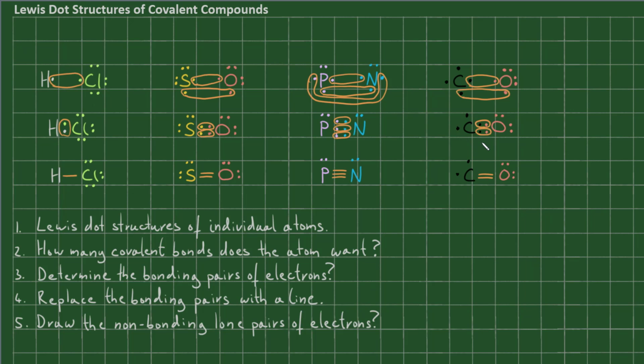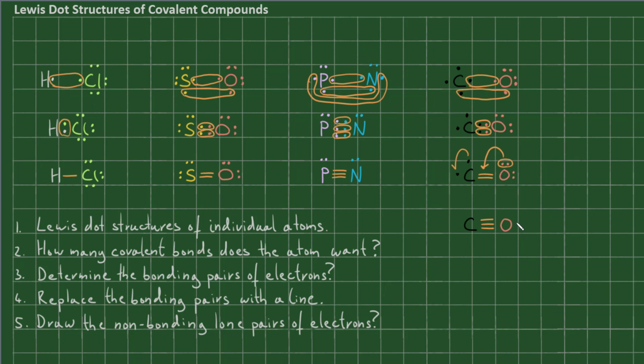This means it's time for an electron shuffle and a bit of a compromise. And the way we can talk about this is to say that the oxygen will donate this entire pair as a bond, and the 2 single electrons on carbon will pair up. And so we will end up with carbon, triple bond, oxygen.